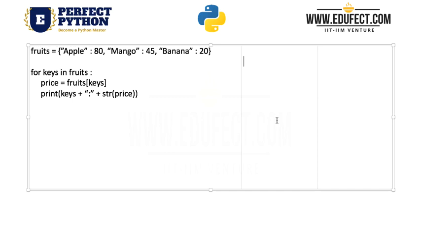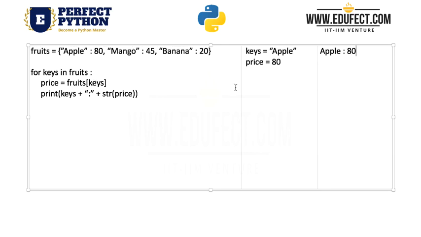Price is fruits keys. So the first time, let's say keys gets apple. So what will happen here is price is equal to fruits apple, which in this case will be 80. So price will get the value 80. And then what will get printed on the screen is apple colon 80.